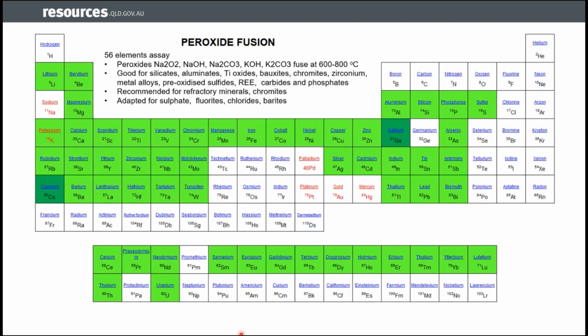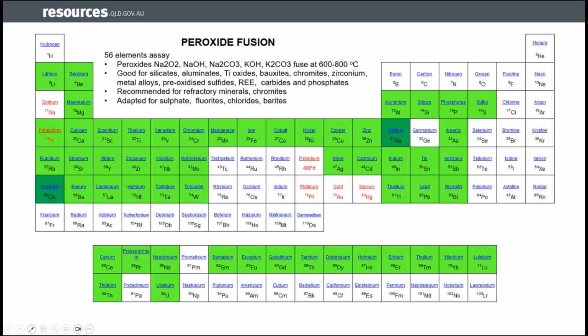And the last method is the peroxide fusion. When we talk about peroxide, it's a combination of three sodium compounds: sodium oxide, sodium hydroxide, and sodium carbonate. So it's an array of flux that you put in, and it has temperatures ranging from 600 to 800 degrees.